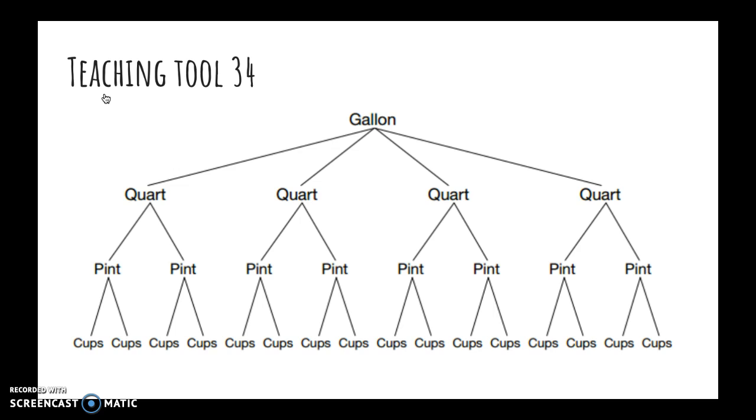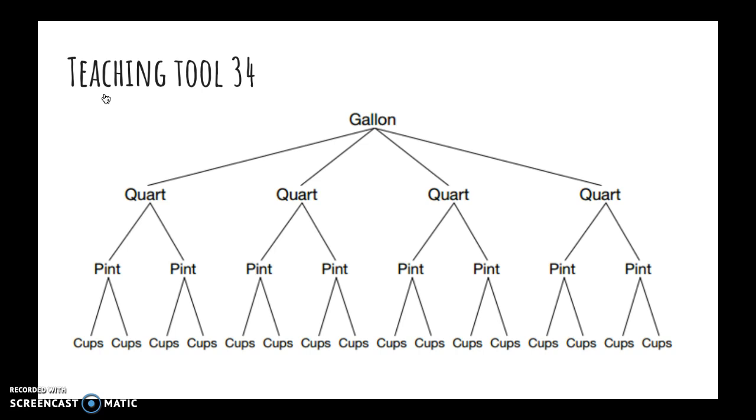So here you have teaching tool 34, and we have at the top a gallon, and a gallon is made up of 4 quarts, as you can see. Each quart is made up of 2 pints. So there are 1, 2, 3, 4, 5, 6, 7, 8 pints in 1 gallon.